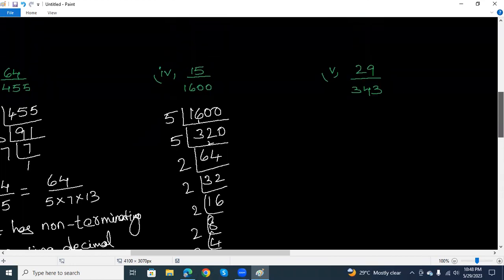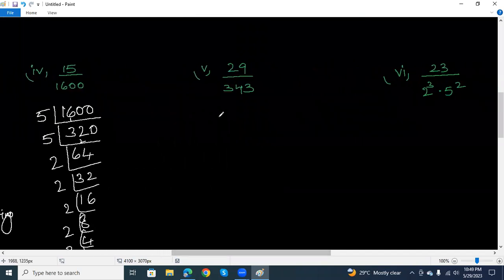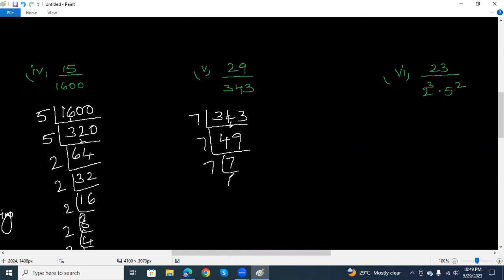Okay. Next, fifth question. 343. Obviously, it doesn't have a factor 2, it doesn't have a factor 5, right? But still for 343 we can do the prime factorization using the 7 table. 7 fours are 28, gone. 2 plus 4 gives 6, 63. 63 means 7 nines are 63, 7 sevens are 49, 7 ones are 7.